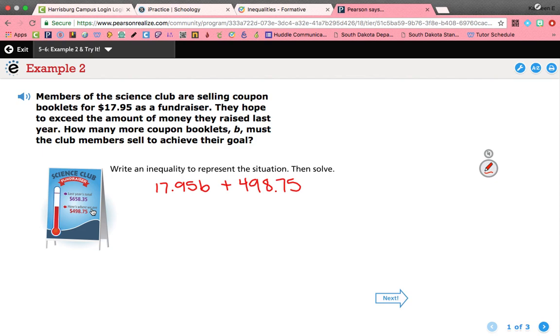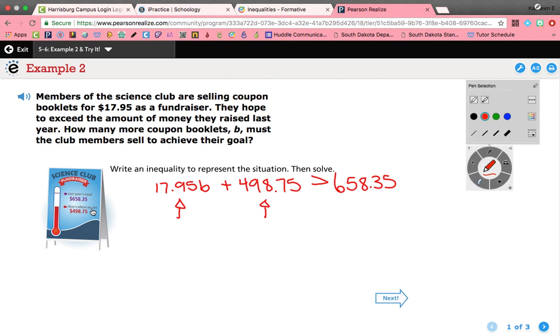Right? They're trying to earn up to an amount, so I wouldn't subtract those. And they want to beat it, so it has to be greater than what they raised last year, which was $658.35. What they still are going to earn plus what they already have should be greater than that over there.